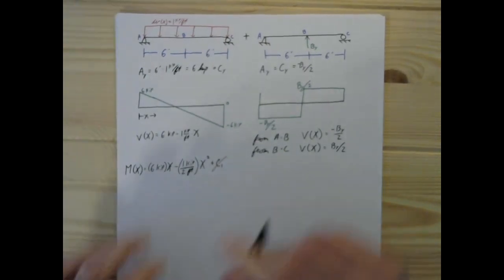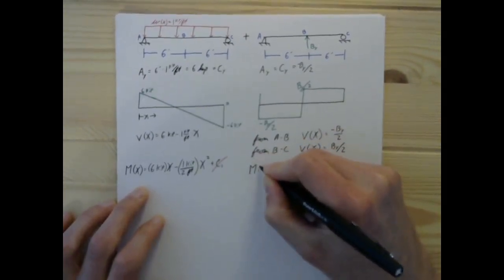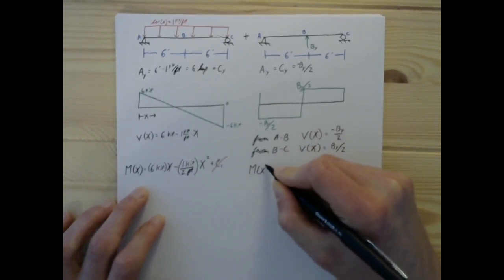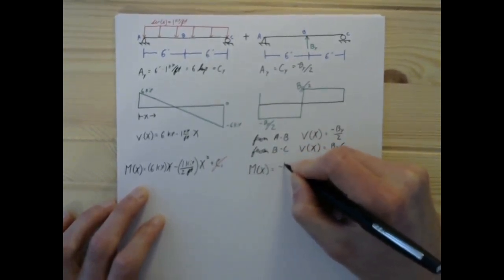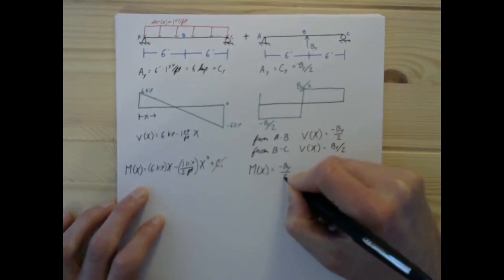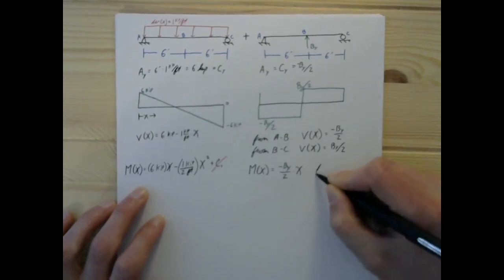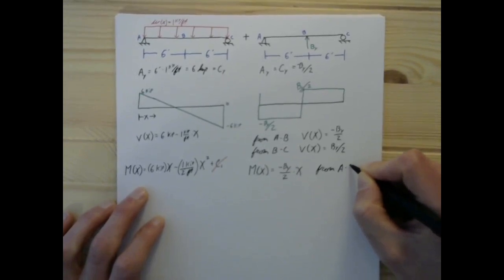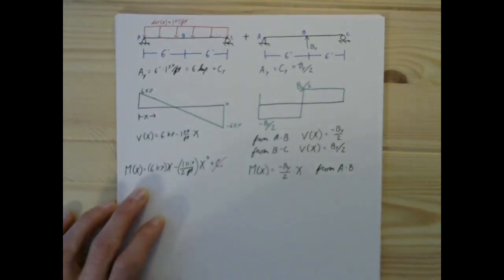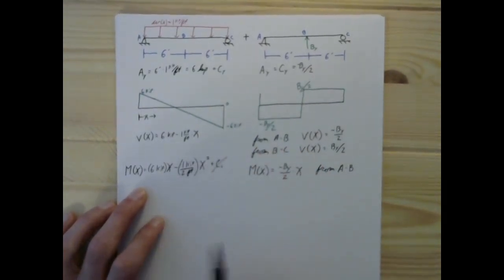So we've got that. For this, similarly, the moment from A to B is going to be negative BY over 2 times x. And I didn't even write down the constant of integration. There's a constant of integration. Sure, it's got to be 0 for the same reason that it's 0 right there.